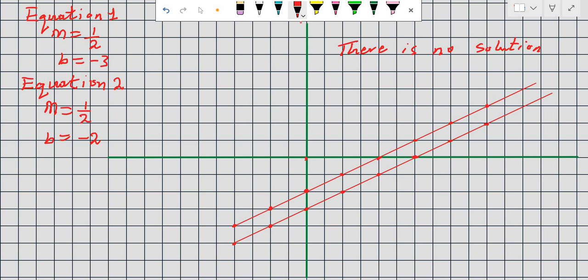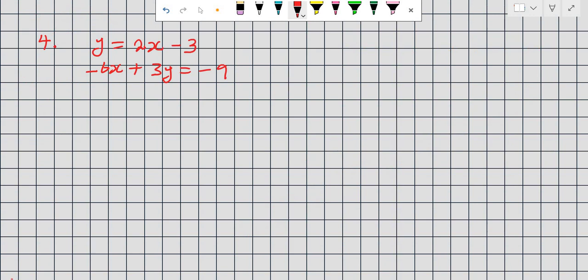All right. Let's take the final question. We have y is equal to x minus 3 and negative 6x plus 3y equal negative 9. As you can see, the first equation is already in slope-intercept form.